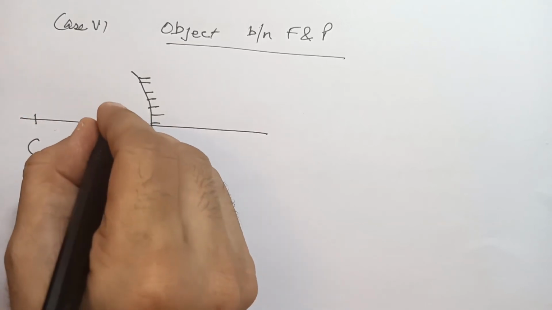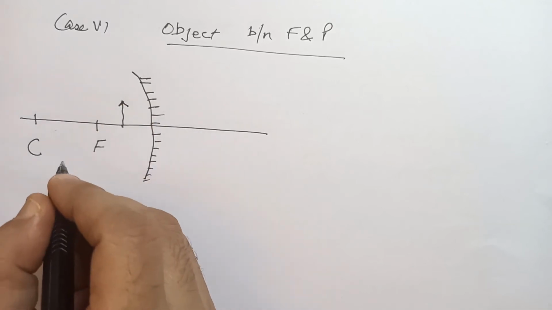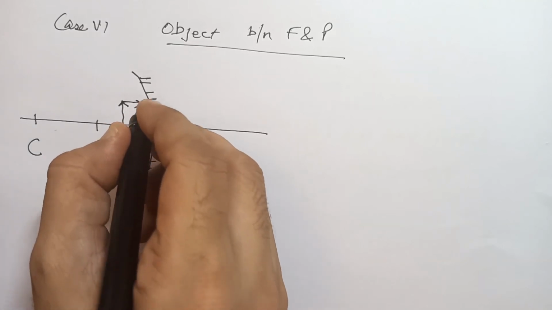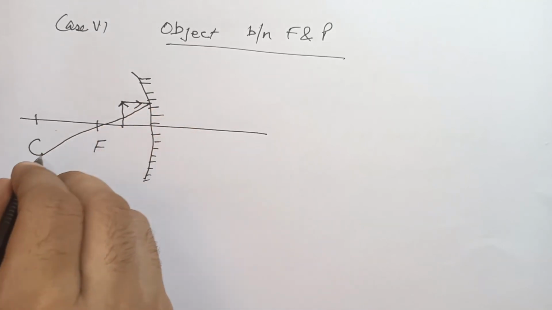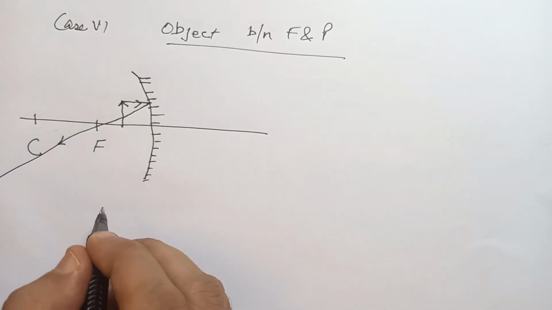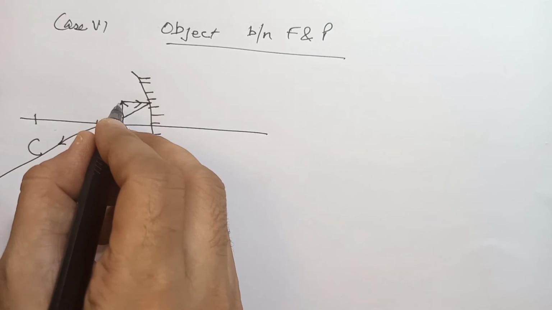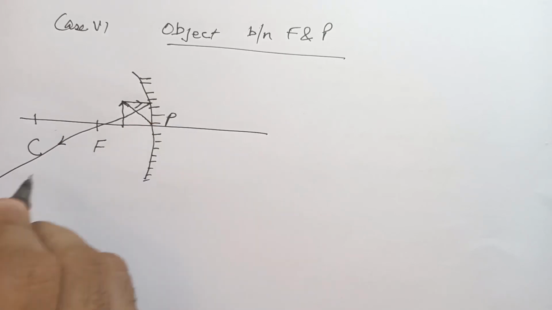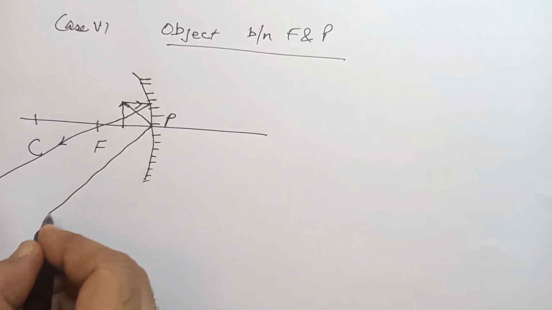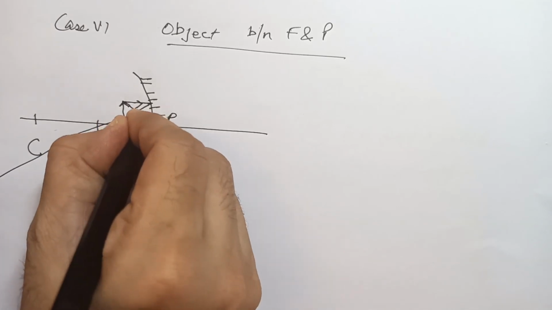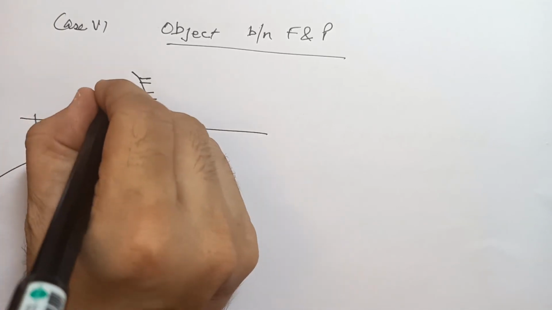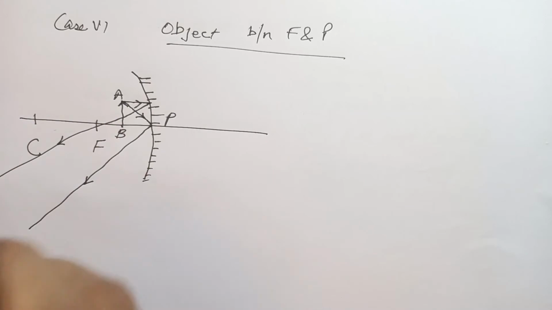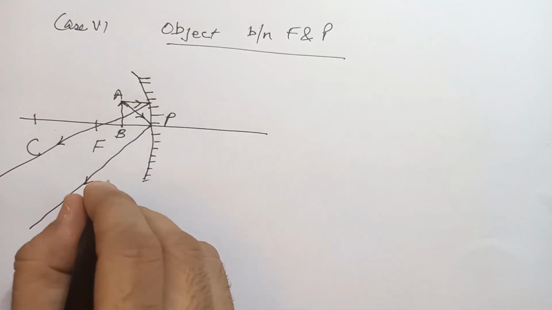The object is somewhere here, and one ray goes this way and then passes through focus. The second ray hits the pole and goes this way. So this is A, this is B, and this is a diverging ray.